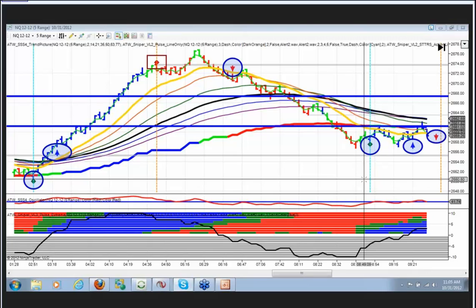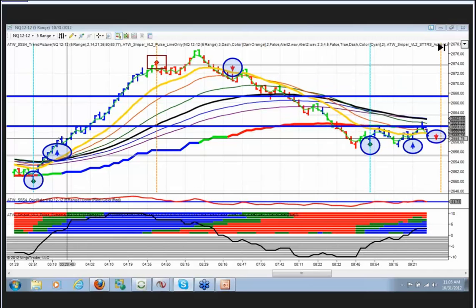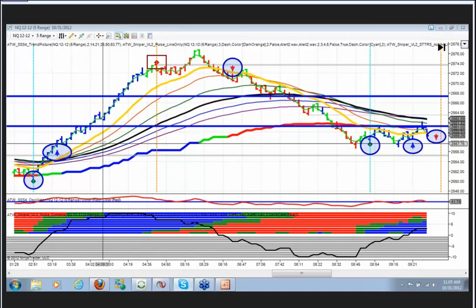And we're going to look at standard sniper signals, which are the dots and the diamonds. And we're going to look at the pulse extreme signals that we've been highlighting most recently, which are the arrows. Each of these are auto-generated signals. I didn't put any of these on the chart or move them around or anything like that. The sniper systems plot the signals, and you can see how powerful and awesome they were today in the NASDAQ.